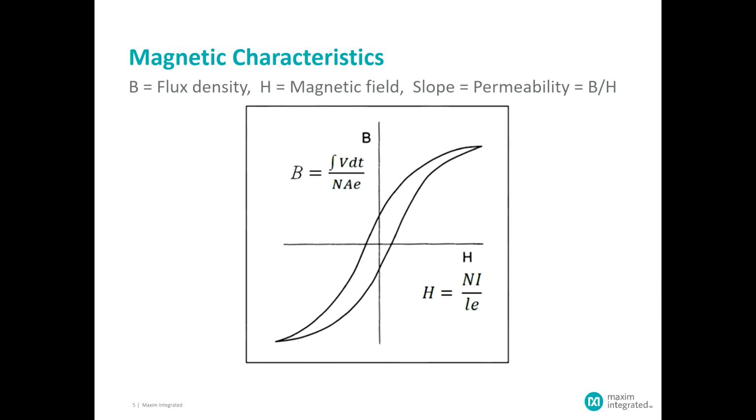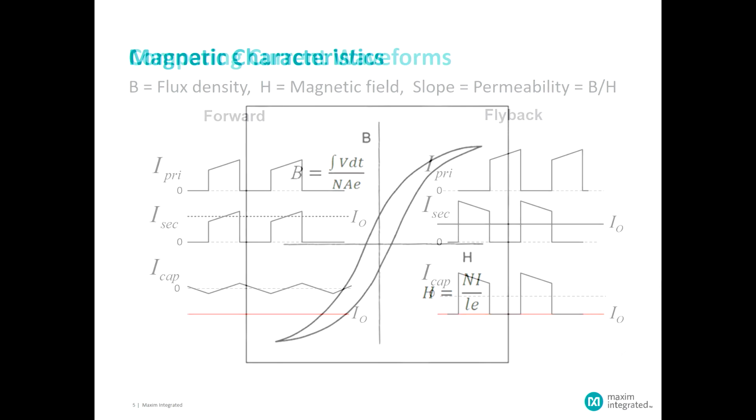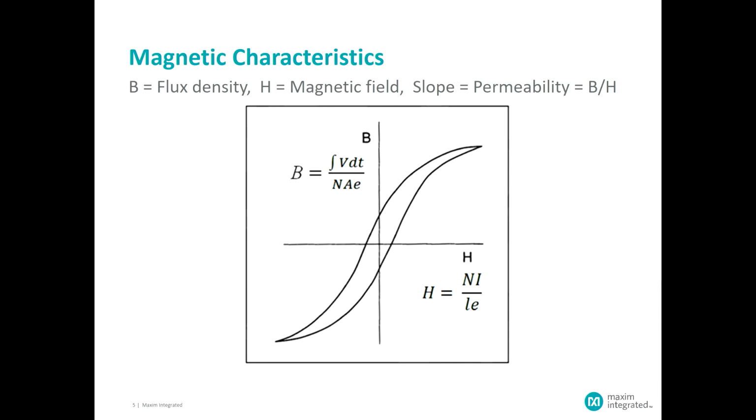One other characteristic to keep in mind is that the curve tends to flatten at the top and the bottom, and that is because any magnetic material has some limitations of how much flux density it can hold before it essentially saturates and will absorb no more.